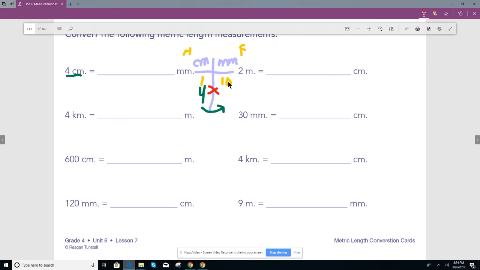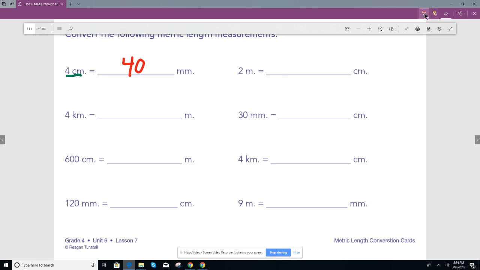So 4 times 10 is 40. So 4 centimeters is the same as 40 millimeters. All right. Okay, I'm going to erase this because I don't have enough room. You leave yours on your paper. Do not erase yours.